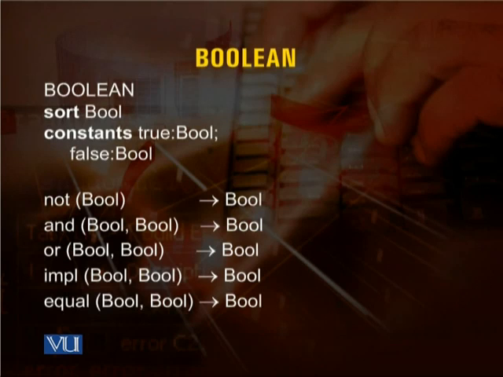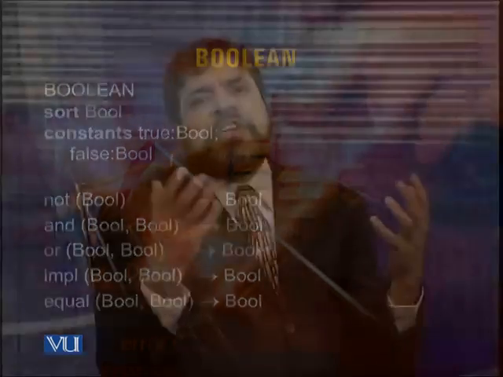Implication, which takes 2 booleans and returns a boolean. And equal, which takes 2 booleans and returns a boolean. बड़ी इंटरेस्टिंग सी ये सिचुएशन है. All the methods, they are returning boolean.